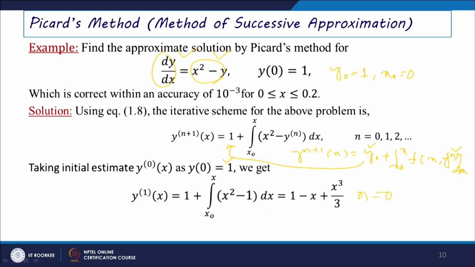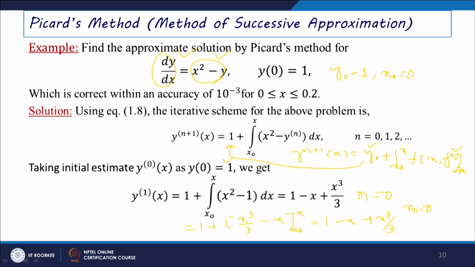So, if you take this range, we can write this as 1 plus x to the power 3 by 3 minus x, from x0 to x here, which can be written as 1 minus x plus x cube by 3, and all the other conditions like x0 equals 0. So, that is why the x involving terms take only the 0 values since x0 equals 0 here.